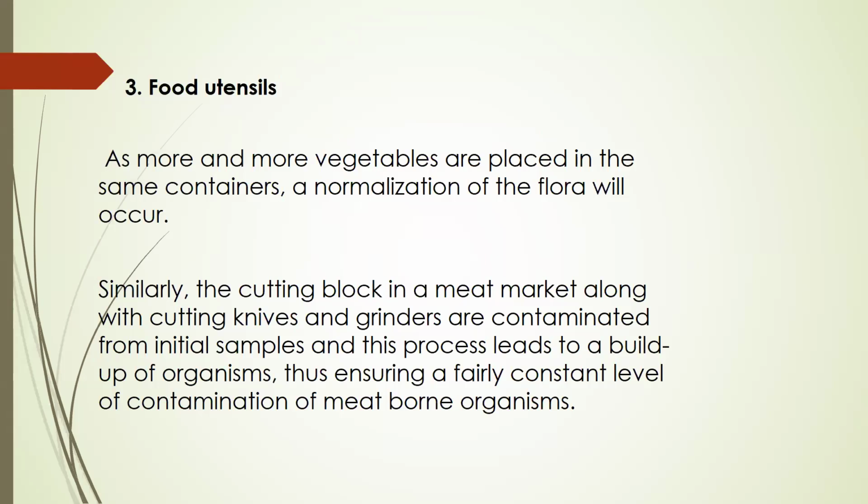When they want to eat salad, they use the same chopping board. They want to cut fish and meat, they use the same chopping board. But the truth is, when you cut raw meat or raw fish or raw chicken, the microorganisms might be transferred to your vegetable or salad. You cannot say because you have used sponge and soap to wash the cutting block or your chopping board that it is sterile. It is not sterile.